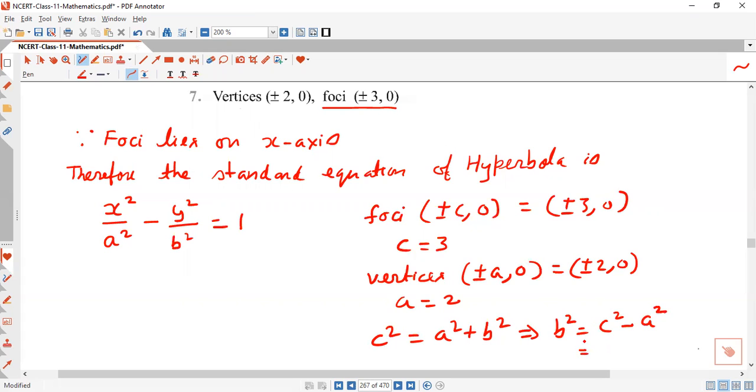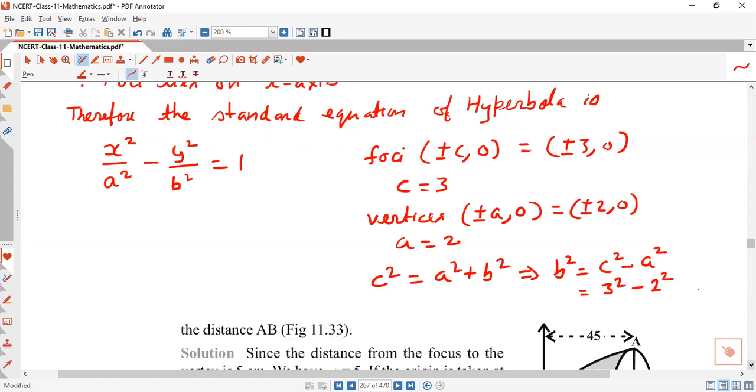Put the value here: c is 3 square and a is 2 square. So b square comes out 9 minus 4, that is 5.